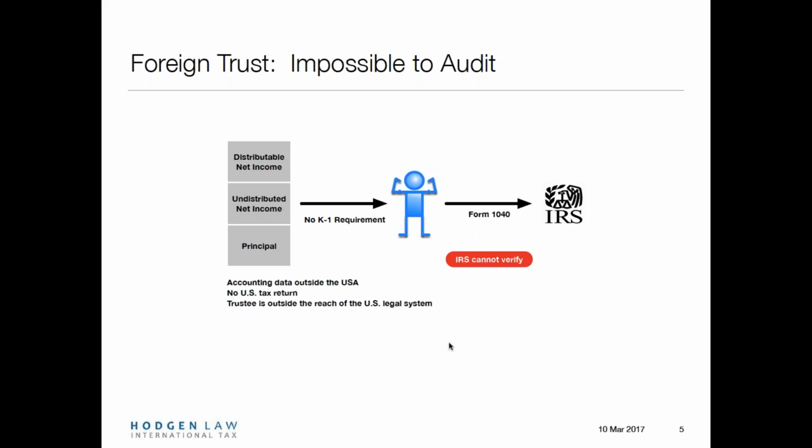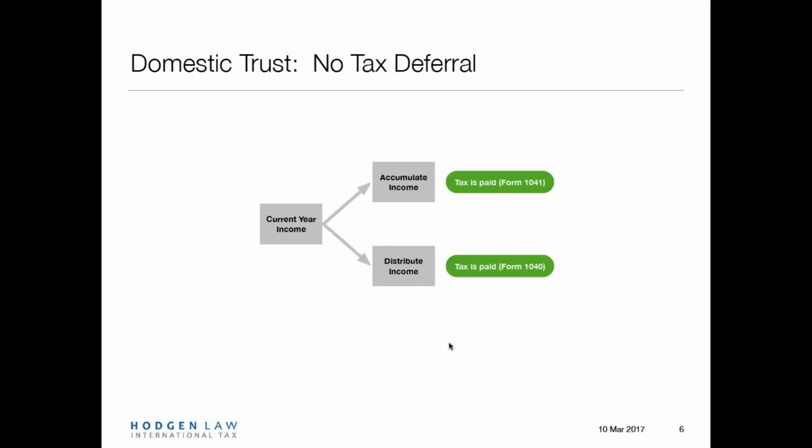It is impossible for the IRS to come and call BS on what the beneficiary put on that income tax return. And this makes the IRS grumpy because they can't verify it. Frankly, the beneficiary has an opportunity to lie and get away with it, and the government doesn't work that way. So this is the first thing, access to data.